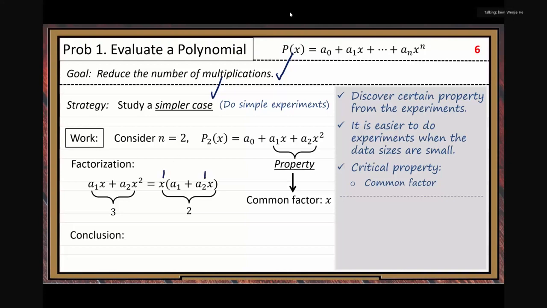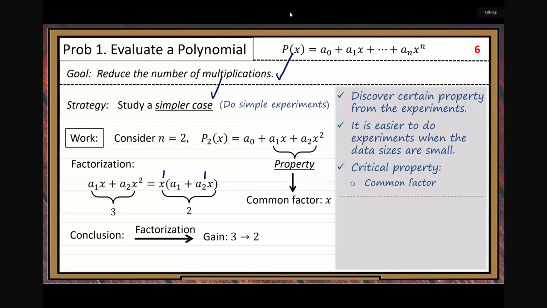In this way, you can see we have a multiplication reduction from 3 to 2. After we do the factorization, we have some gain. The gain for this small example is 1 multiplication reduction.